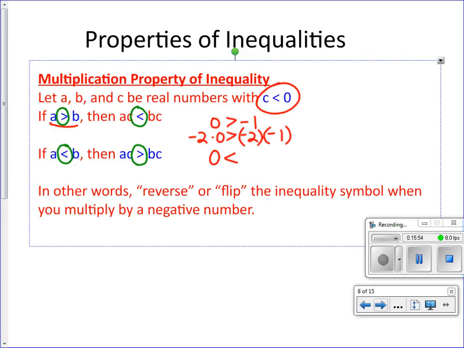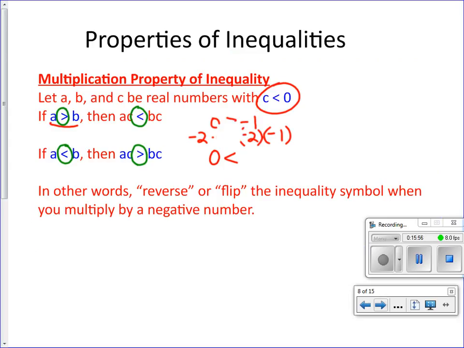I probably should have done it up above, so I'm going to back up here and flip it right here. Okay, 0 is going to be less than -2 times -1, which is +2. This is a true statement, but notice that in order to make it true, I had to change my greater than symbol to a less than symbol.